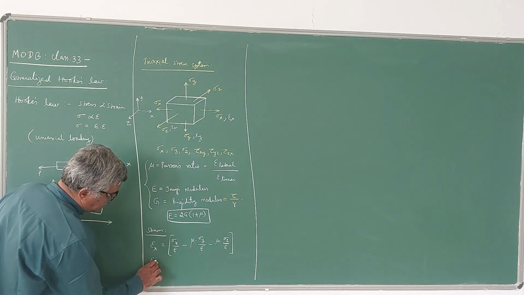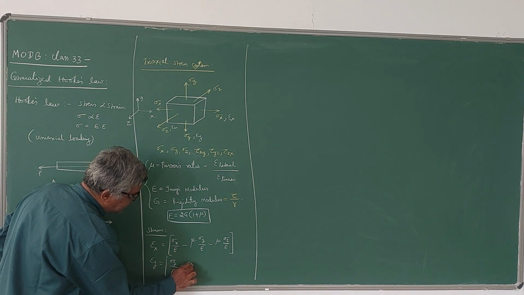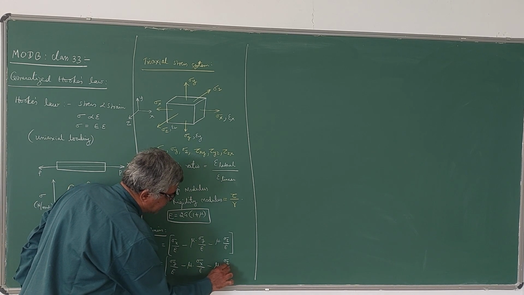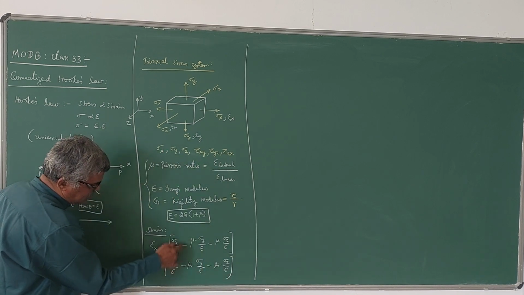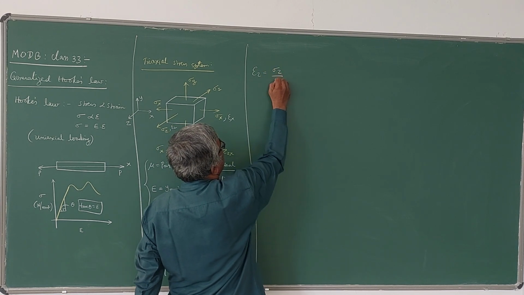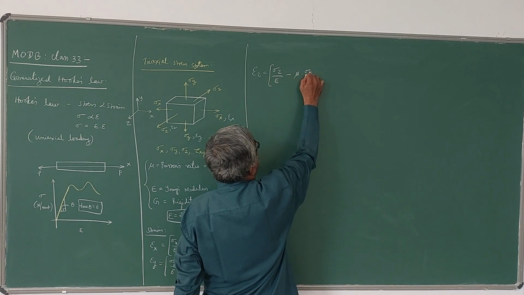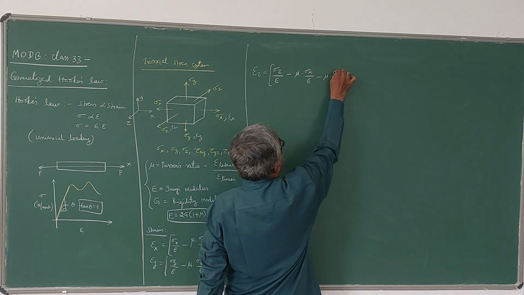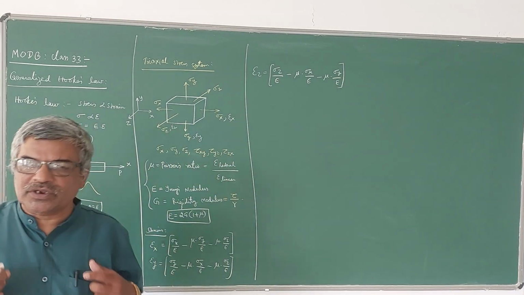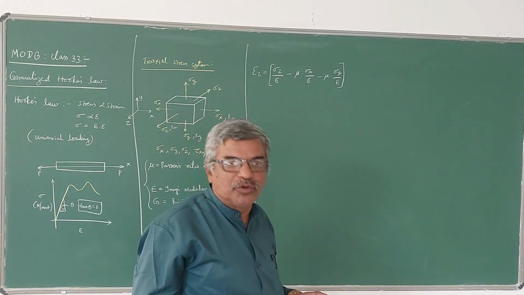Similarly, you have epsilon y as, on similar lines, sigma y by E minus mu times sigma x by E minus mu times sigma z by E. So this is written in a similar manner, and epsilon z can be written as sigma z by E minus mu times sigma x by E minus mu times sigma y by E. So please note that the effect of any stress in the other two directions will be opposite in nature.